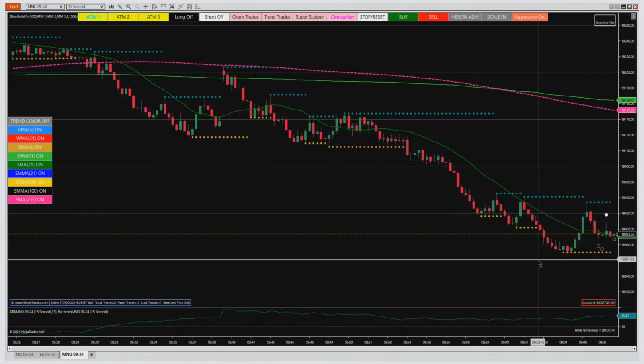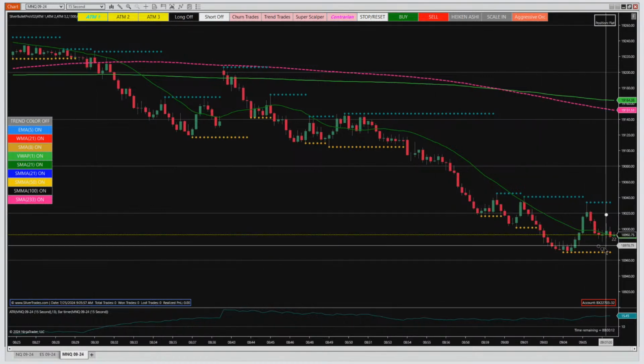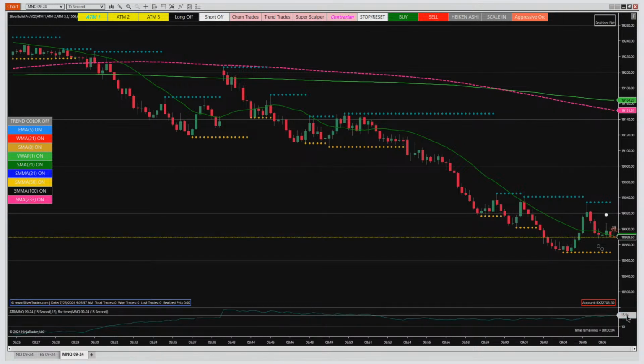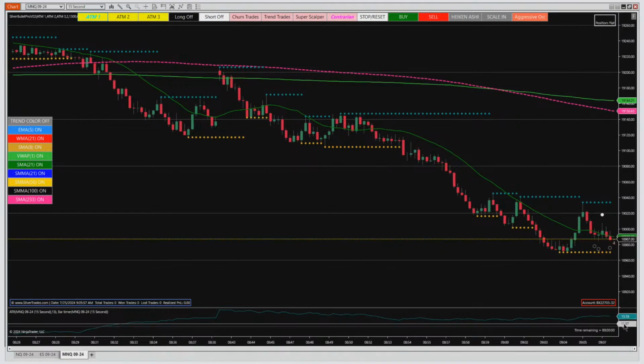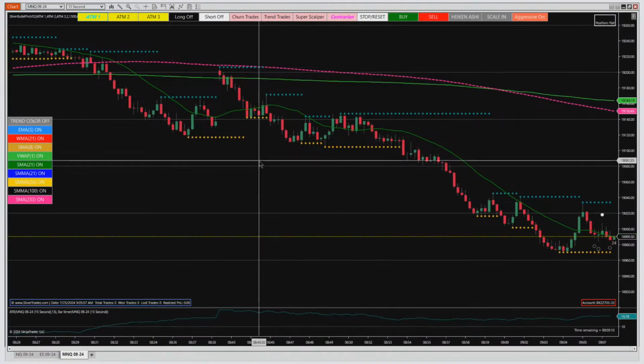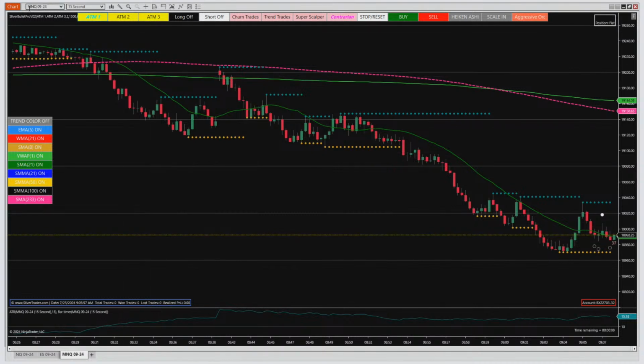This doesn't look good at all. My sweet spot, as some of you may know, is between 6 and 8. I'm okay with 10, 11, but 15 is way, way beyond. So I'm going to just show some trades with MNQ.